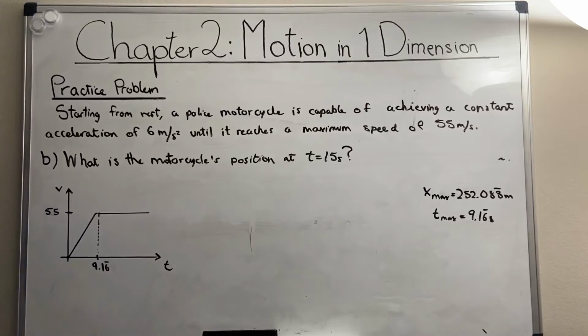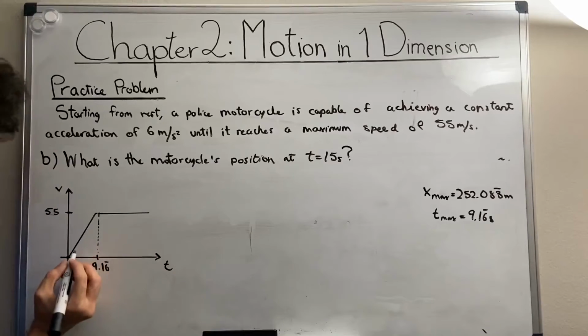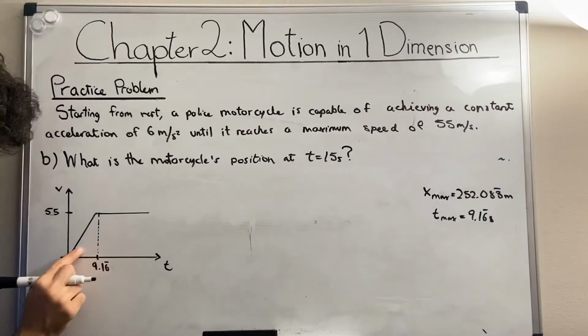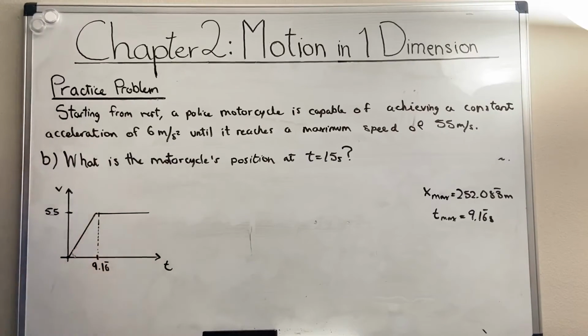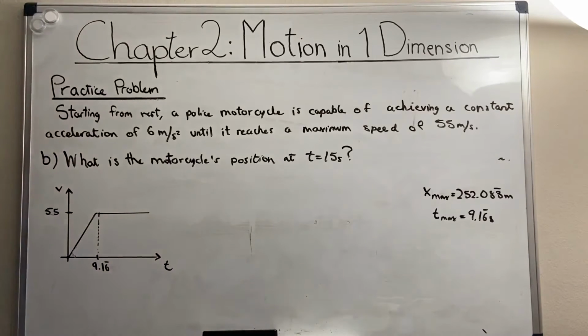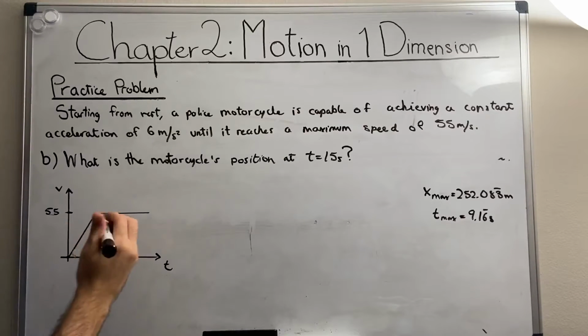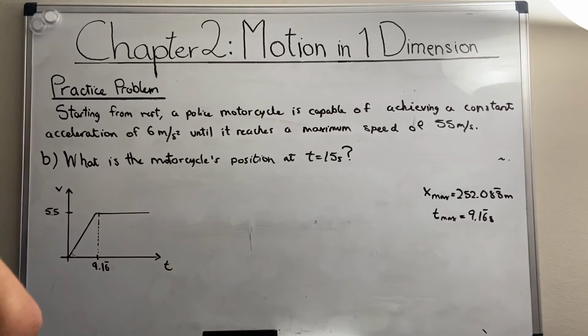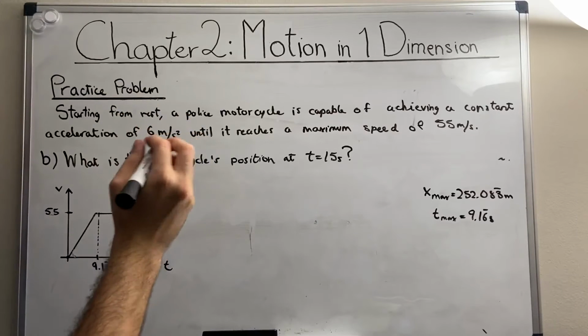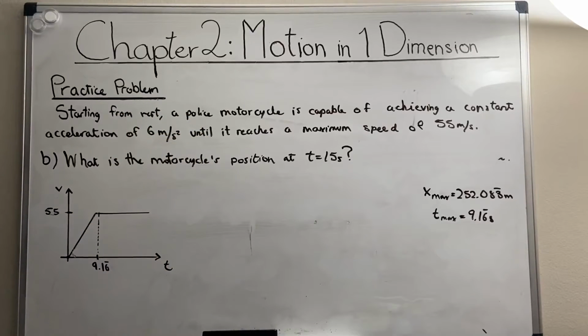Thus, the distance that it was covering here, which is actually the integral over here, the distance it was covering up until 9.16 is not applicable after. What I mean by that is we have to basically start counting after 9.16.